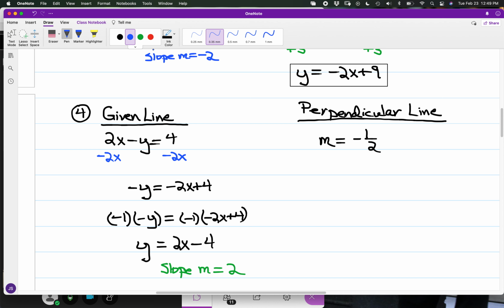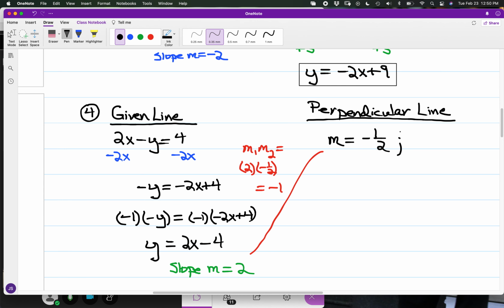As a reminder, the product of the slopes of perpendicular lines will be negative 1. Think of 2 times negative 1/2, which gives minus 1.